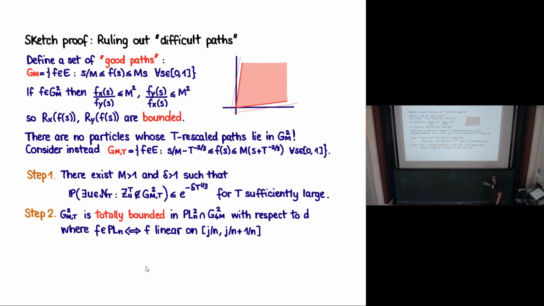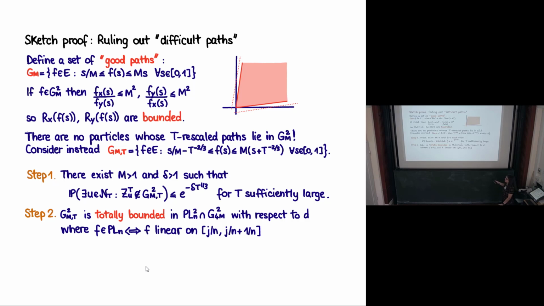And what we do with that area is say that it is totally bounded with respect to the Lévy metric in this set. So in the set of paths which are actually in the red area, so really nice ones, and piecewise linear functions. Just take a very thin grid and take a piecewise linear function on that grid. You can show that Gm is totally bounded in this set of paths.